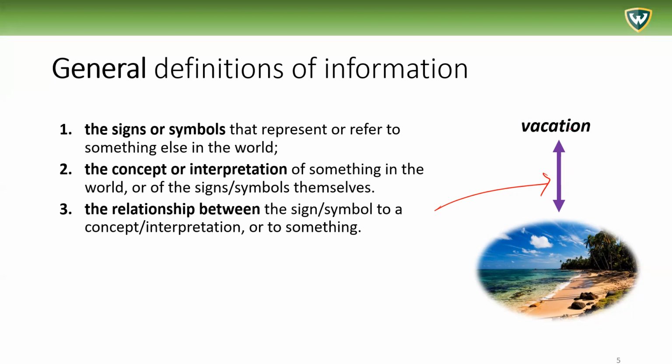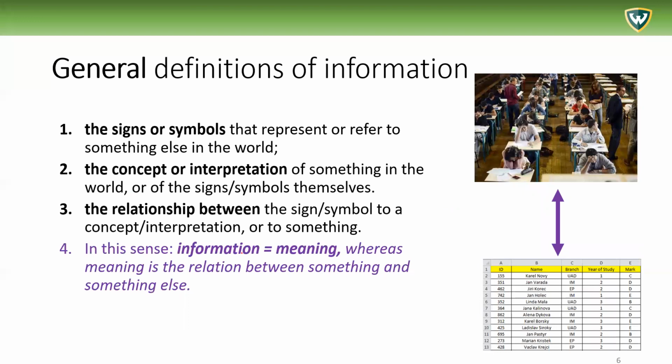A symbol or a sign is a thing, an interpretation is a thing. Or if we think of this image as not just an interpretation, but as an actual beach with rocks and sand and water, then the relationship between this word and that actual something in the world. So in this sense, information equals meaning, equals relation.